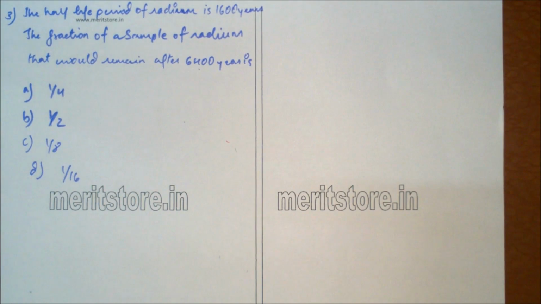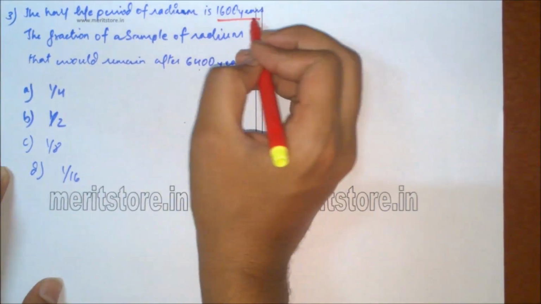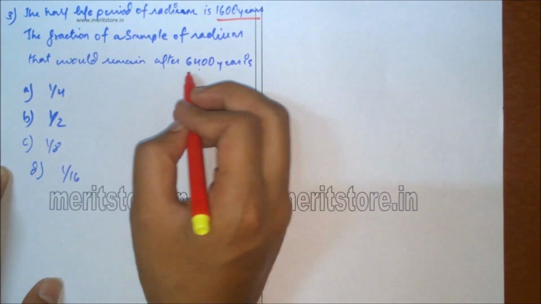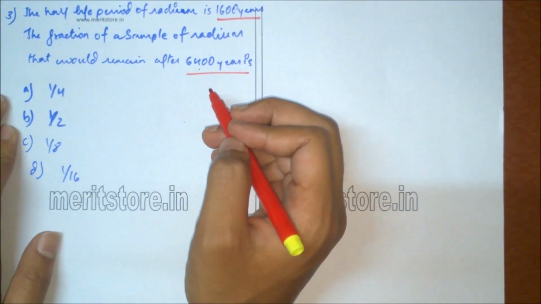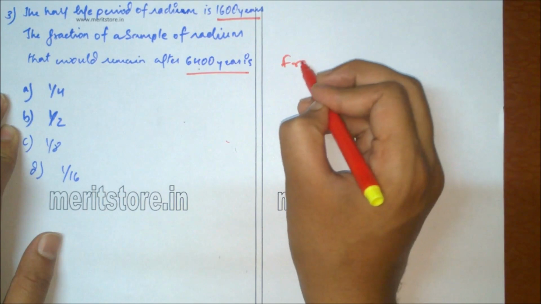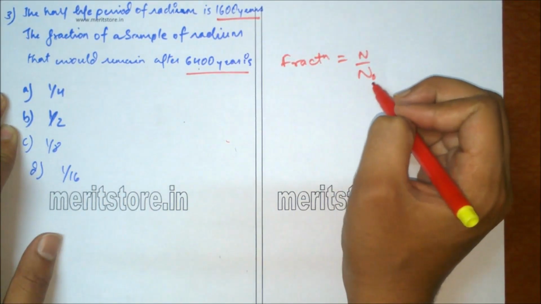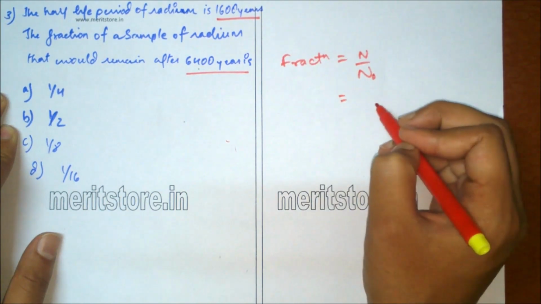The half-life period of radium is 1600 years. The fraction of sample of radium that would remain after 6400 years is, fraction is equal to N upon N0, where N0 is the initial mass.